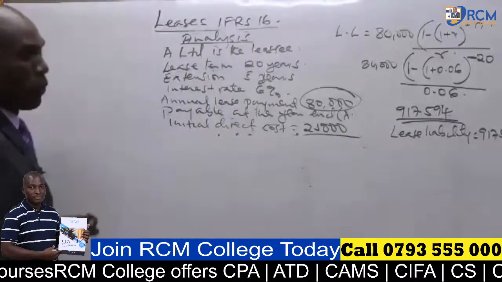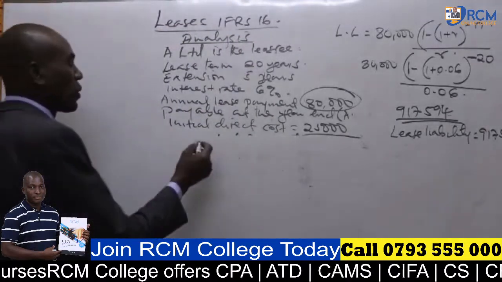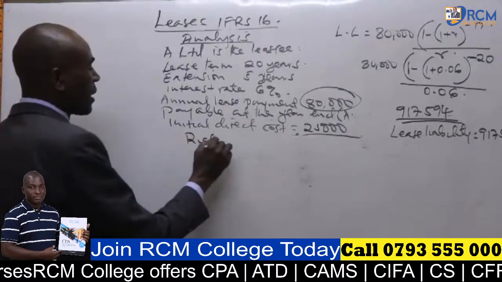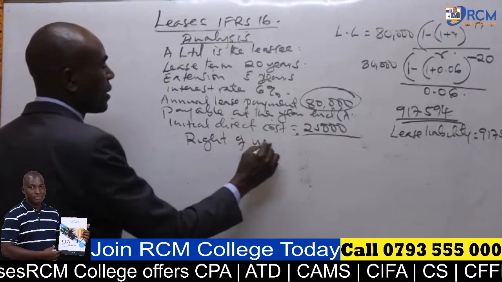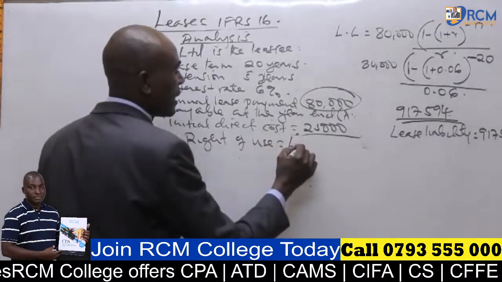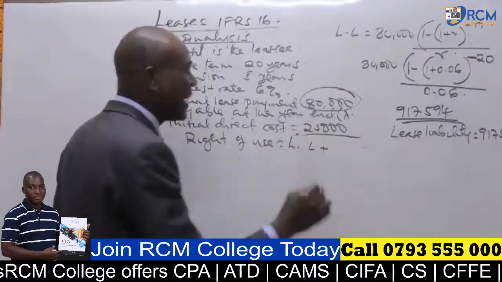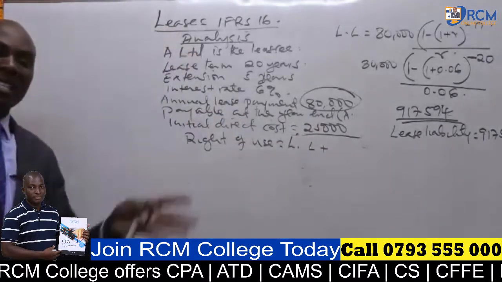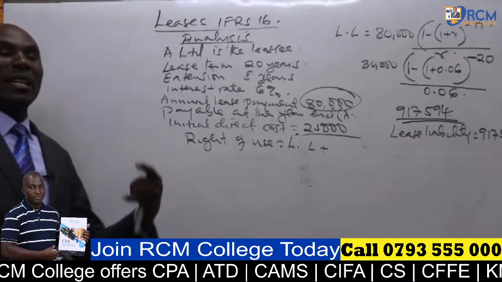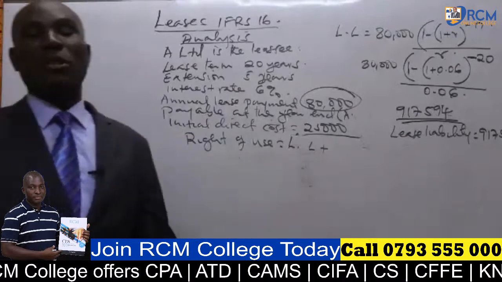Therefore, my right of use: the lease liability is that one, but the right of use equals lease liability plus any initial cost. Remember, we discussed any initial cost incurred by the lessee, like any direct cost, any dismantling cost.